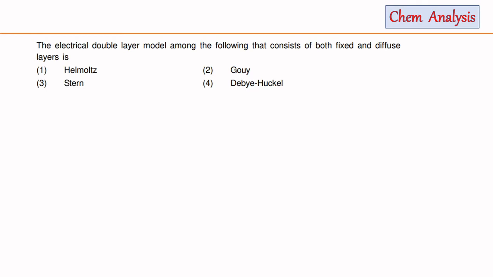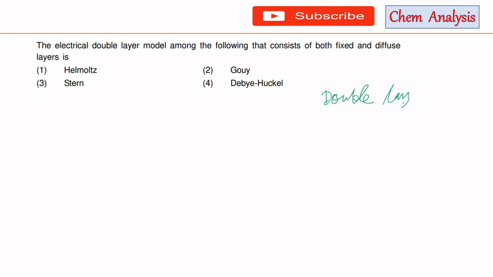Now to solve this question, first of all we have to know what is electrical double layer. When a charged colloidal particle, that is if a cationic colloidal particle is dissolved in a medium, there will be a generation of opposite layer that will be fixed on the colloidal charged particle, and similarly there is one layer that is diffuse at a distance from the colloidal particle, and that is not directly attached to the colloidal particle.